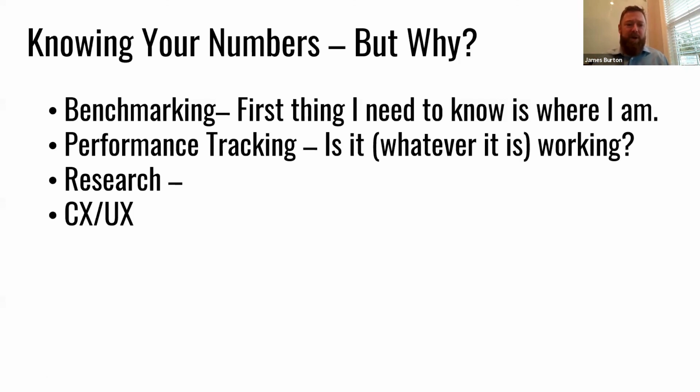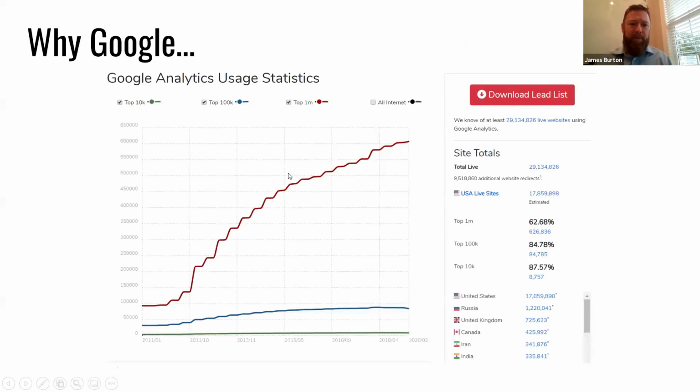And then, as Joe was talking about, that customer experience, that user experience on the site. Are they just coming and bouncing? They spend 4 seconds on the site. Maybe our site doesn't have very good quality content, and there maybe aren't other things that are engaging them and driving them deeper into our site. So those are some things that we can learn and maybe want to look at when we're knowing our numbers.